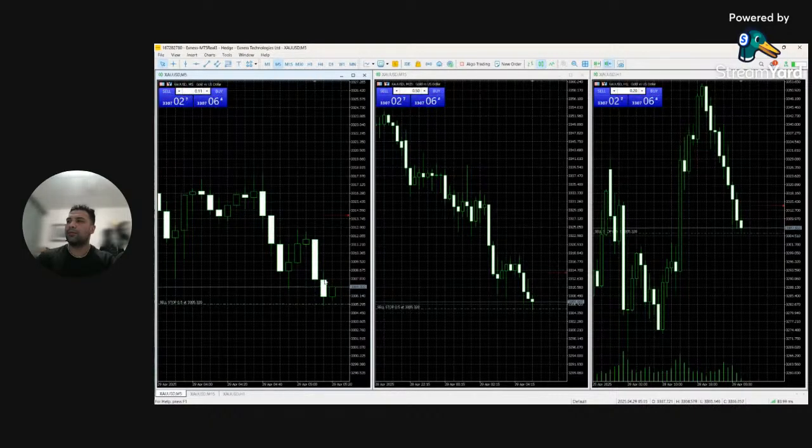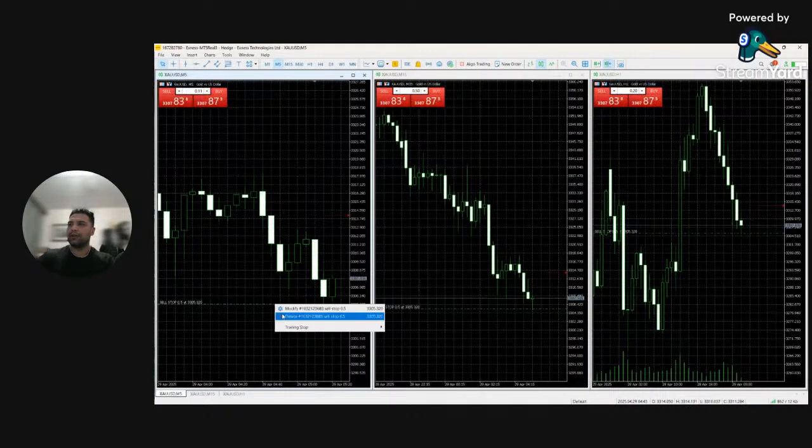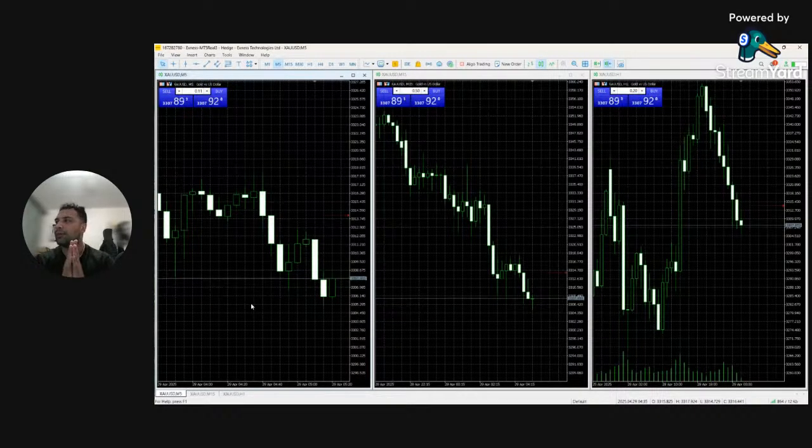If the price goes above the open of this 5 minutes bar, I would be removing my sell stop. So I would be removing my sell stop, and let's see how things run.